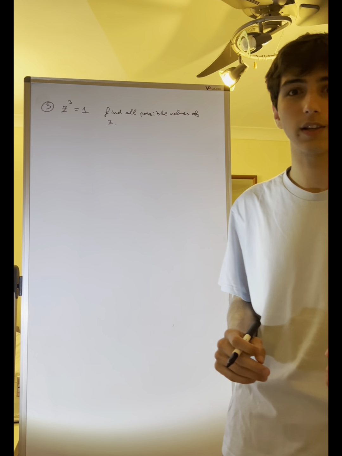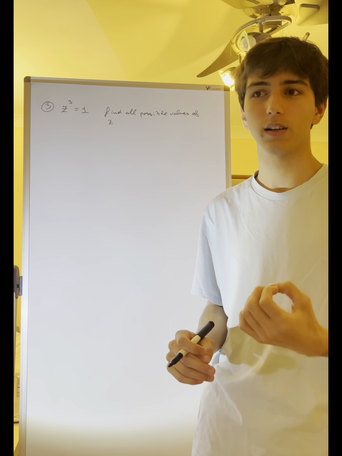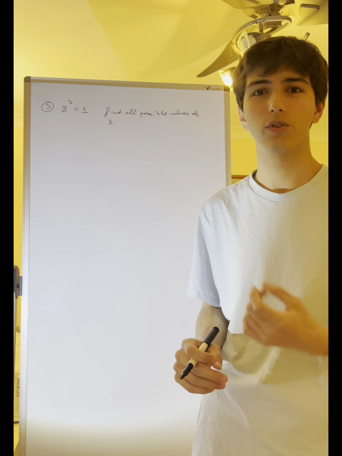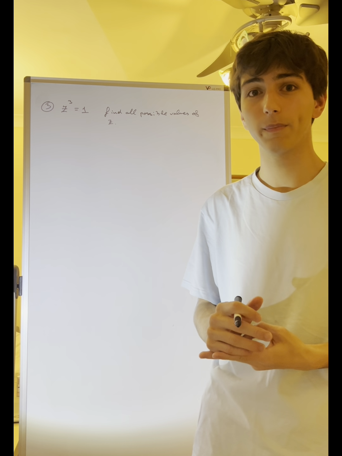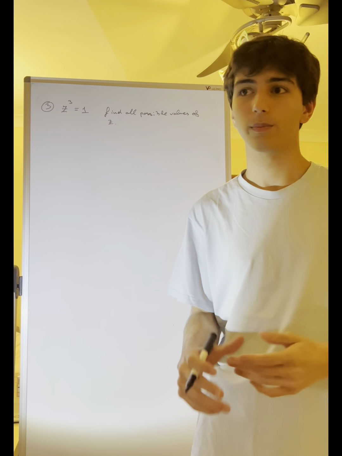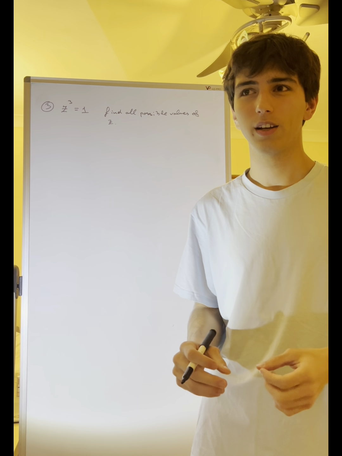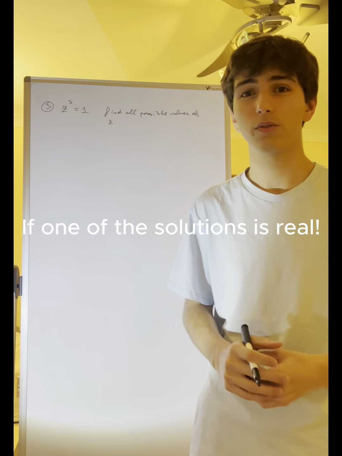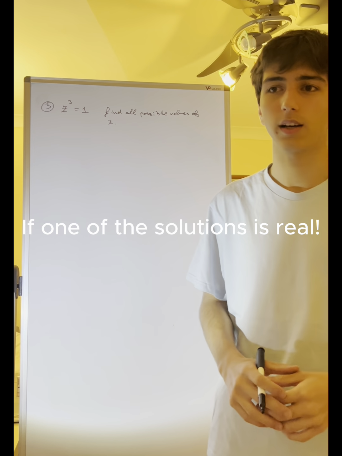So if you have z squared equals 2, you know that's going to have 2 solutions and both of those are going to be real. But if you have z cubed equals a number, then I think it's always going to have 2 imaginary or complex solutions.